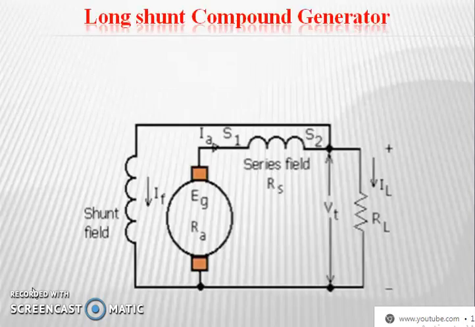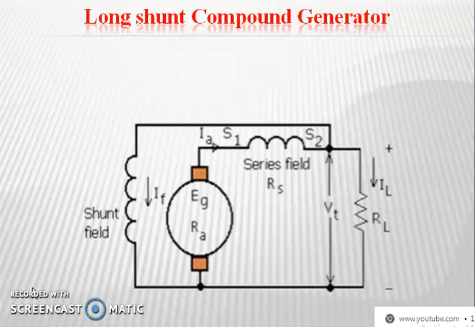Let us look at the circuit of the long shunt compound generator. Here, in case of a long shunt cumulatively compound DC generator, the series current enters the positive terminal of the series field winding, and the shunt current enters the positive terminal of the shunt field winding.